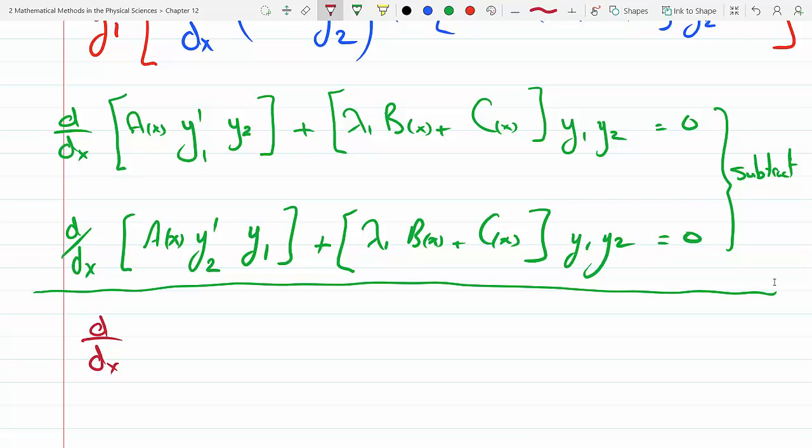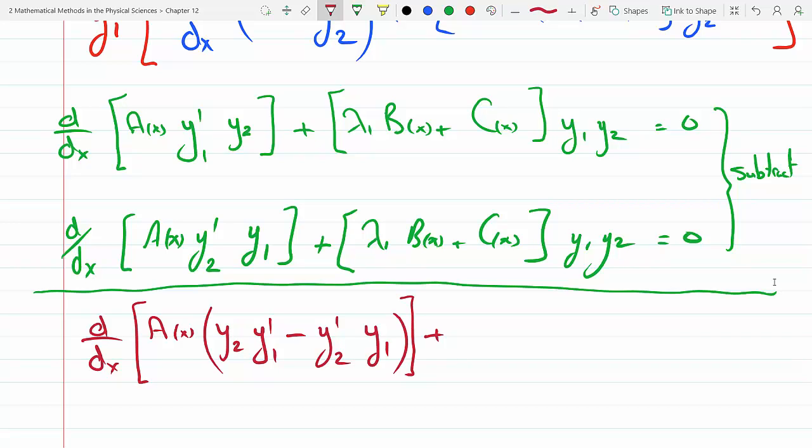Both of them have a of x times y2 y1 prime minus y2 prime y1, all inside the derivative, plus, when I subtract here, oh oops, wait, this is 2, so factor out b of x y1 y2 times lambda 1 minus lambda 2.